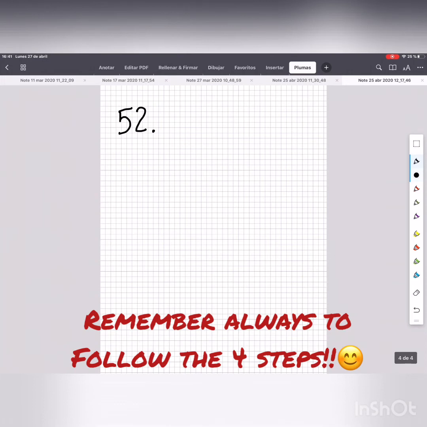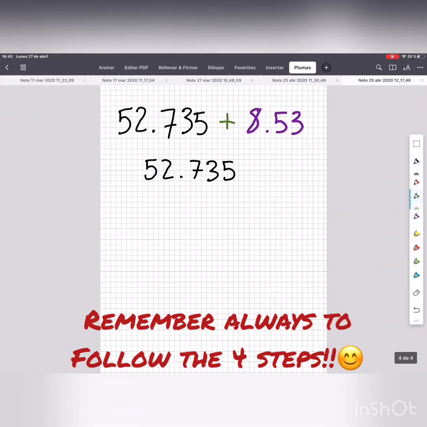The first thing that we have to do is follow the 4 steps. The first one was to write the large number, putting it on the top of the operation. Secondly, we will line up the decimal points right below the other decimals.